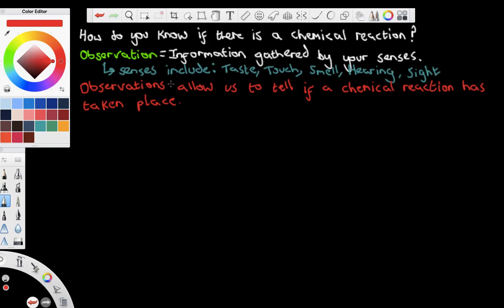So there are lots of things you could look out for in a chemical reaction, but some of them could certainly include the following.